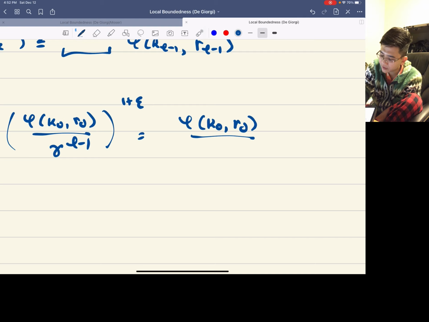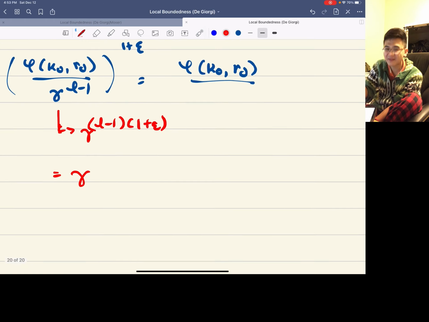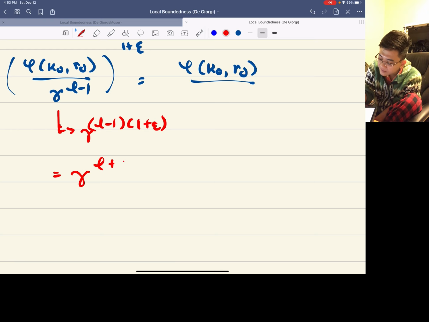Let's separate this out. This would become gamma to the L minus 1, times 1 plus epsilon. And that is gamma to the L plus epsilon L minus 1 plus epsilon.